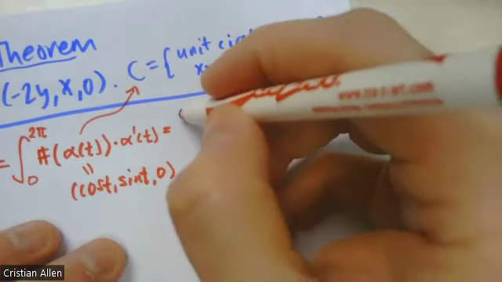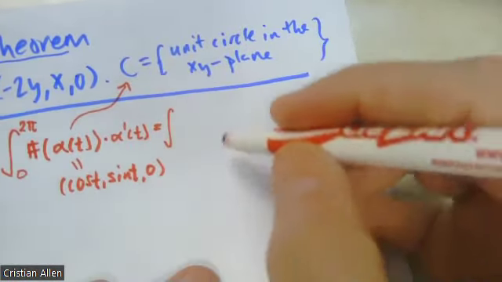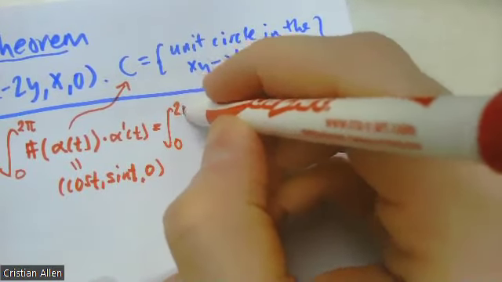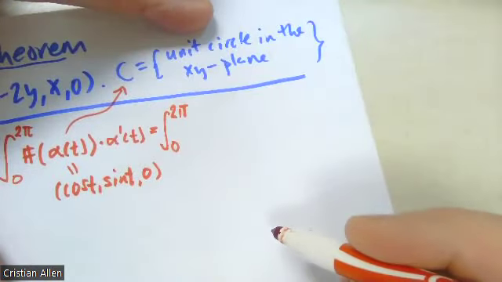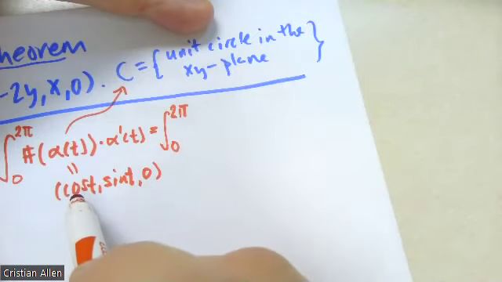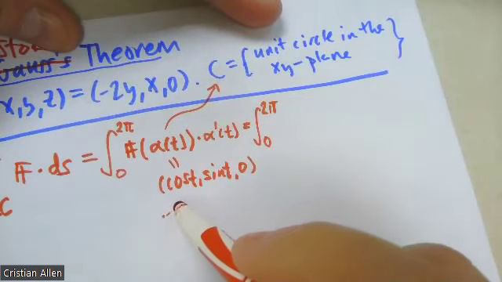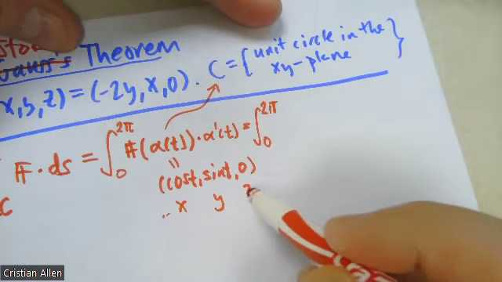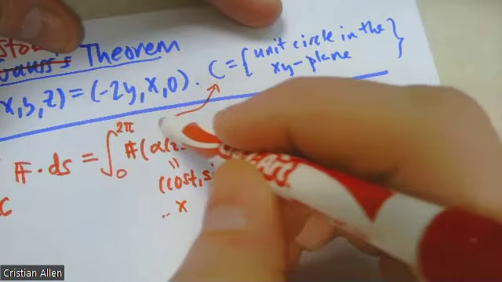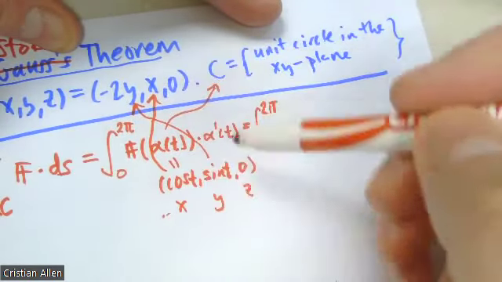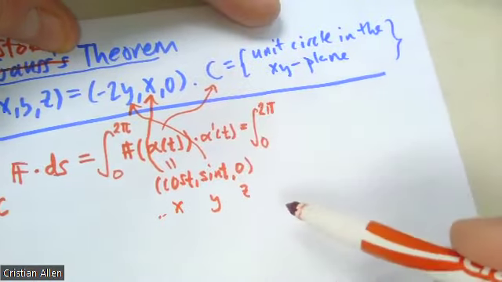So let's continue here with this integral. 0 to 2 pi. Now, we need to plug this alpha into f. So this is the x, the y, the z. The sine is going to have to go here, the cosine is going to go there, and the z is not going to go anywhere.